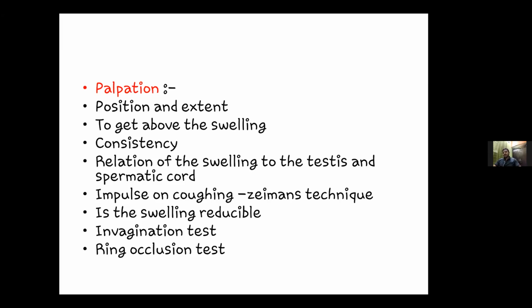In impulse on coughing, if the swelling is not present, either the surgeon can place his finger over the superficial inguinal ring, or the root of the scrotum is held between the thumb finger and the index finger, and the patient is asked to cough, in which the hernial content is forced out of the superficial inguinal ring, and the index and the thumb finger are separated away from each other. And this is called an expansile impulse.